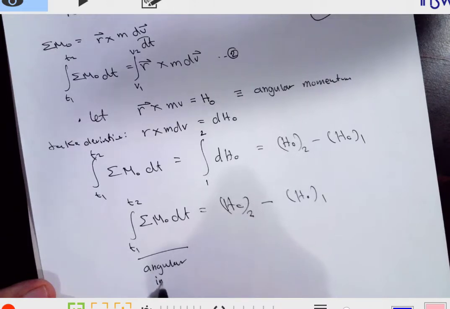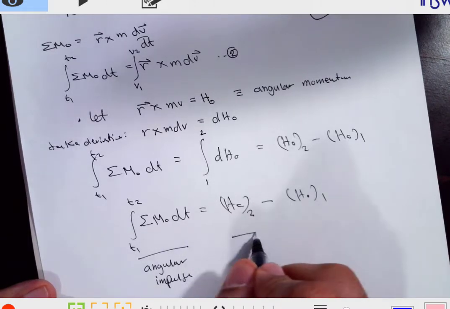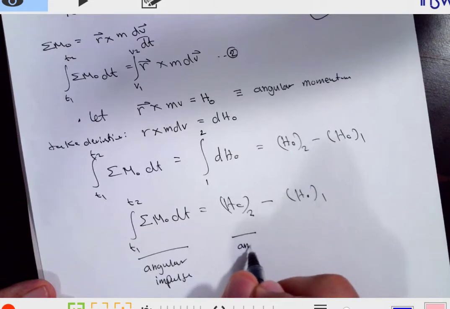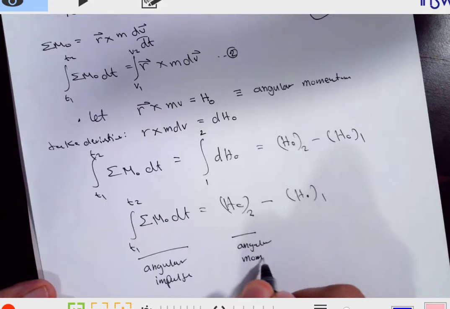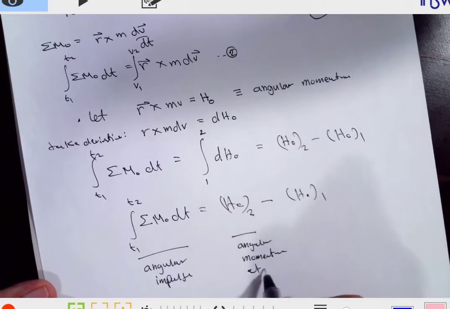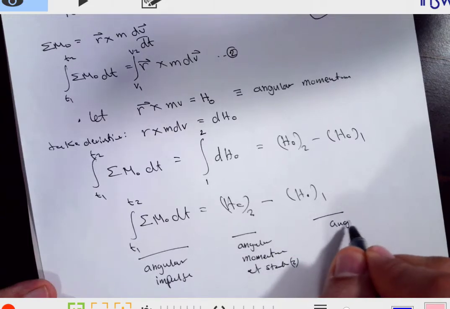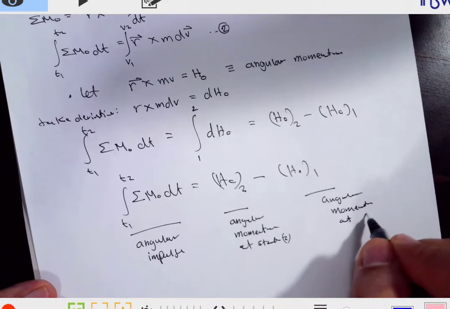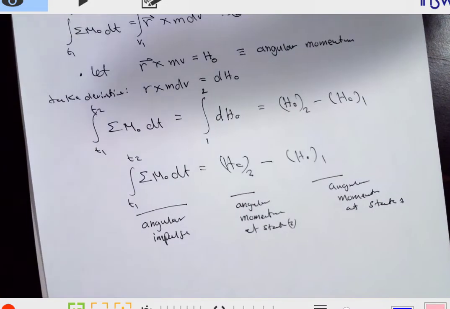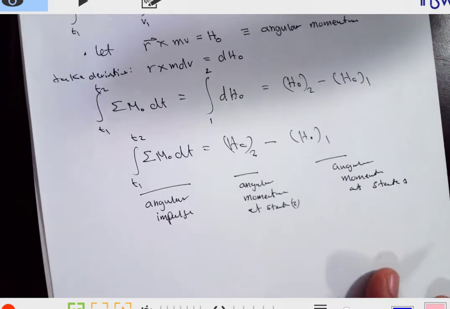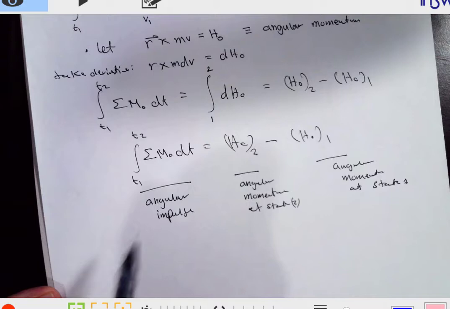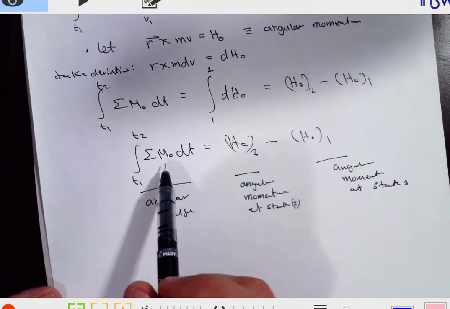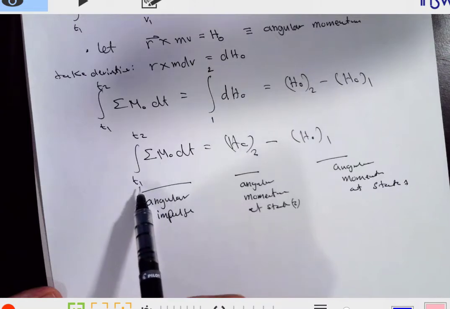We already called this angular momentum at state 2, which corresponds to time 2, and this is angular momentum at state 1. Great. Now, the way you calculate that is summation of all the moments acting on the object as it's going from T1 to T2.